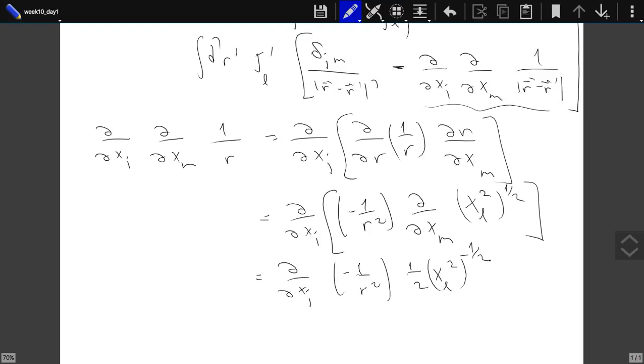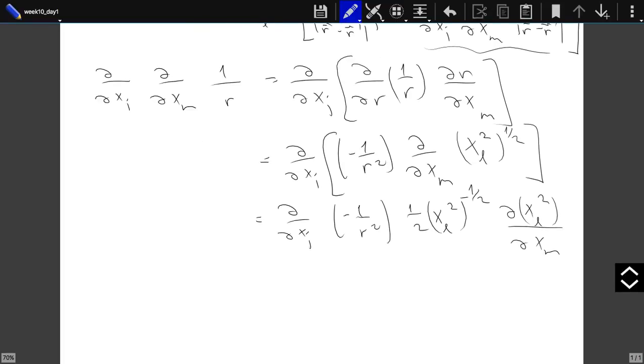I'm just again using the chain rule once more. And then the derivative of x_l squared with respect to x_m, which is ∂/∂x_j of minus 1 over r squared, 1 over 2, 1 over r, x_l squared, and remember, I am summing over l's. So that x_l squared is nothing but r squared.